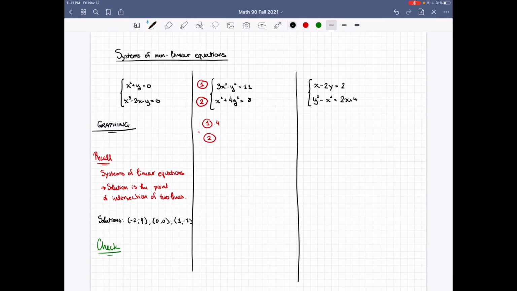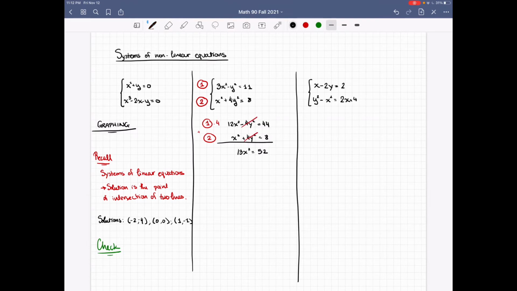That gets me 12x squared minus 4y squared is equal to 44, and then here I have x squared plus 4y squared is equal to 8. Adding these two equations together, I have 13x squared is equal to 52. Notice that the y terms eliminate.